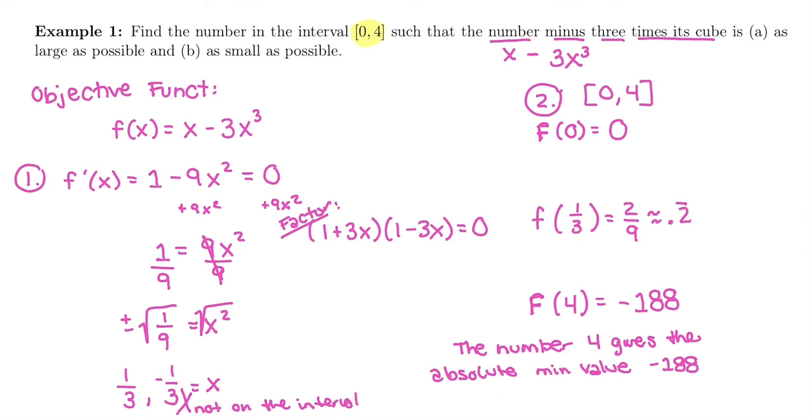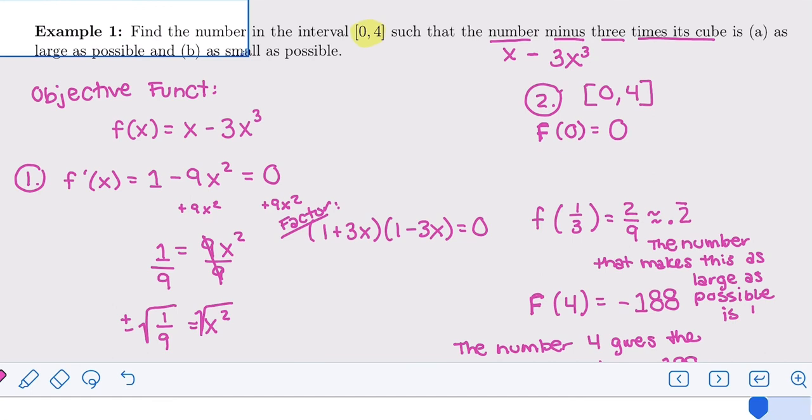And then what's the largest it can be? 0 or 0.2? 0.2 would be bigger, so we would conclude the number that makes this as large as possible is 1/3.